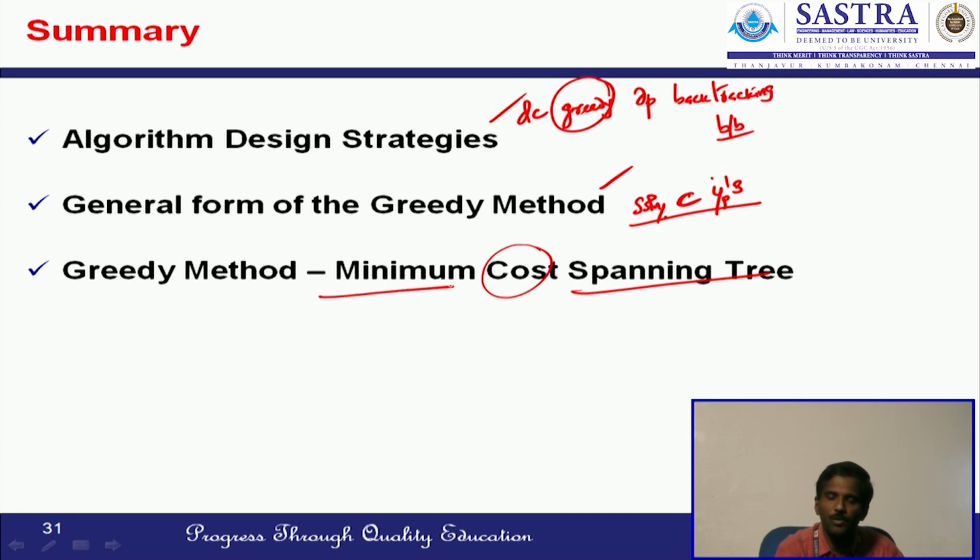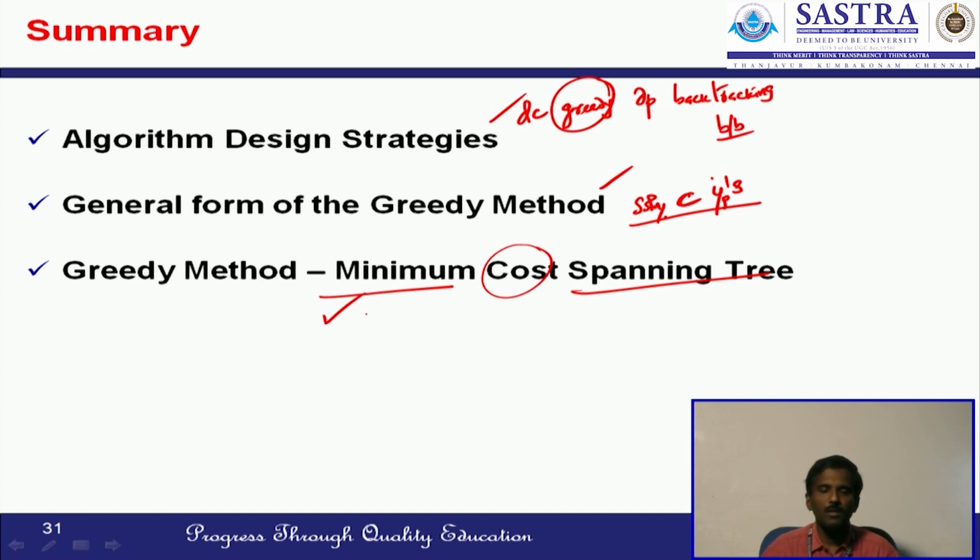Then how to find the spanning tree with a minimum cost, the minimum cost spanning tree, and we have seen the greedy method is applicable in solving the optimization problem, for example, to find the minimum cost spanning tree of the given weighted connected graph.